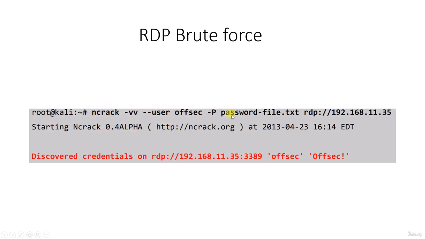Use Ncrack with the user option as previously, and the password file, and RDP means this is the machine that will be targeted using Ncrack. As you can see, the discovered credential on this attack machine is shown, because we are only covering the username.